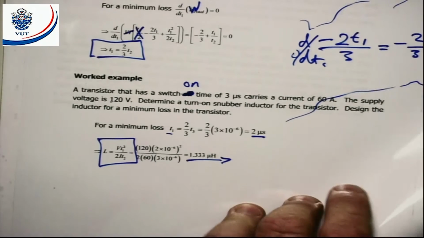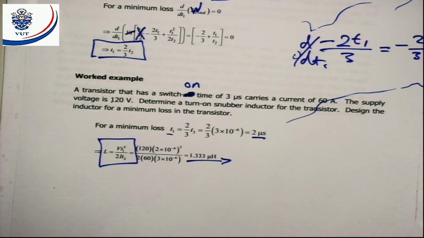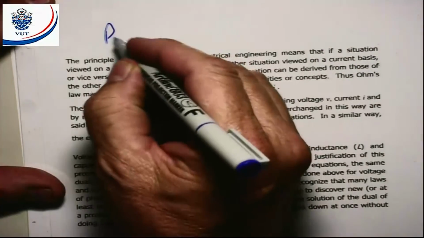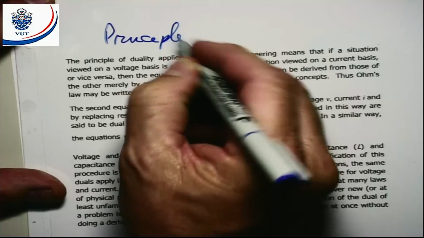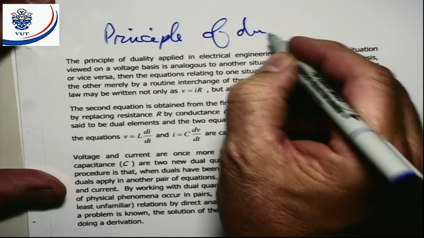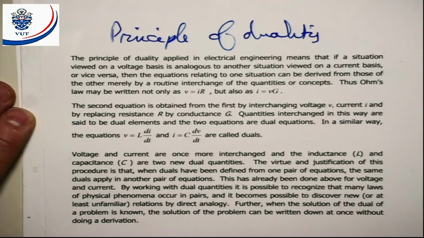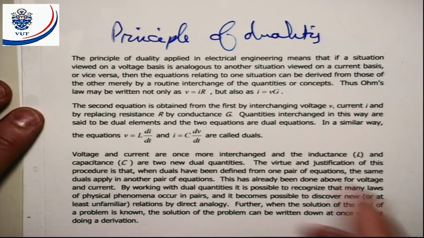Now, did you notice all the similarity? The reason for that is because of the principle of duality. The principle of duality. And we can use this principle of duality to our advantage in engineering.